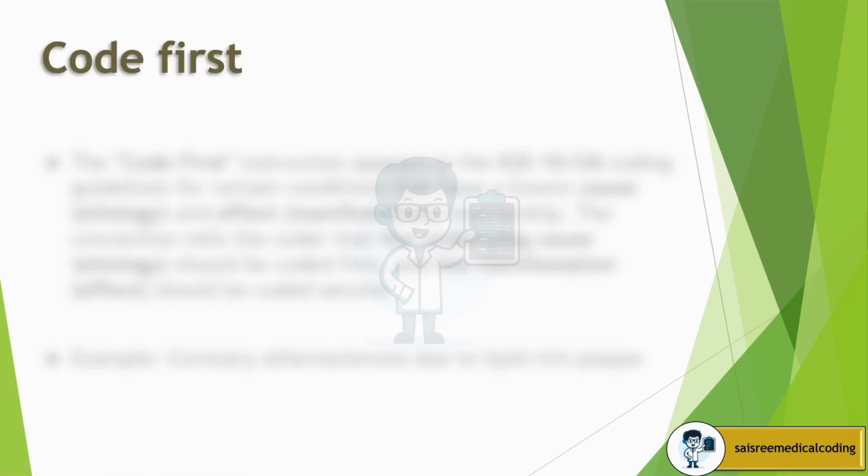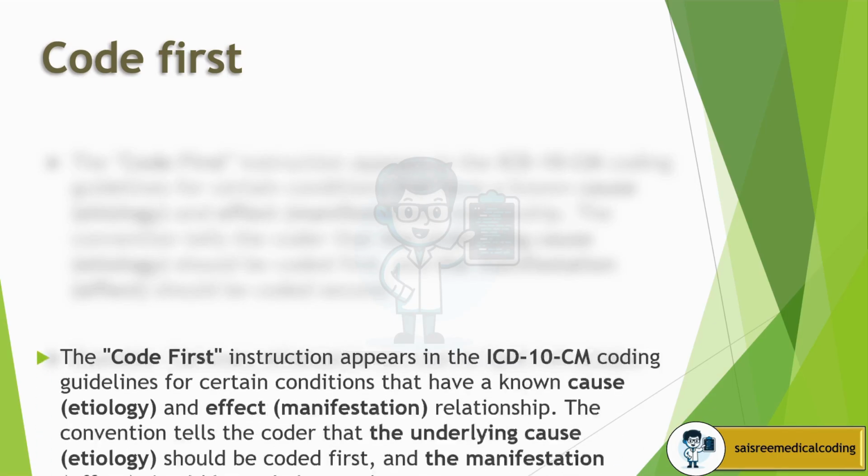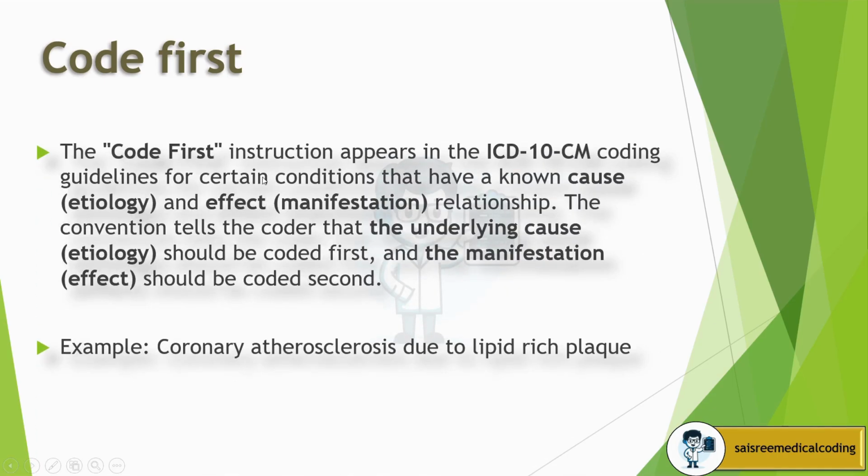Next, we are having a convention called Code First Convention. What is this Code First? We'll see. Code First instruction appears in the ICD-10-CM coding guidelines for certain conditions that have a known cause, etiology, and effect. We'll be calling it a manifestation relationship. The convention tells the coder the underlying cause should be coded first and the manifestation should be coded second.